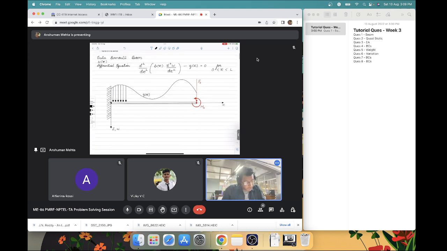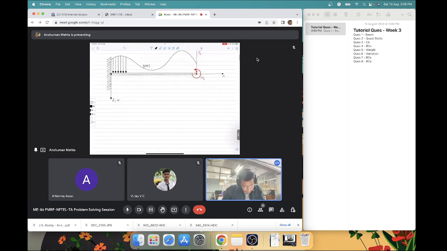If we take a very small element, let's say only this much, and enlarge it, that element has some arbitrary loading. Now that loading becomes rectangular in nature.